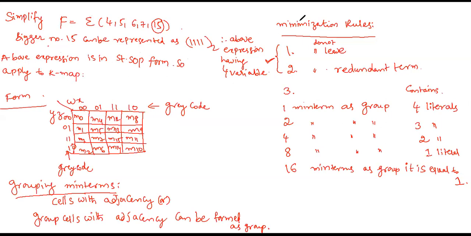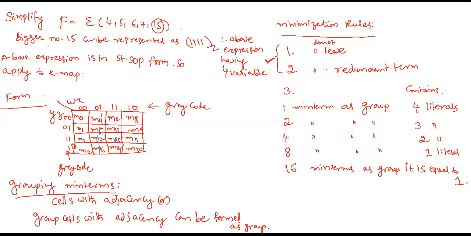For applying the K map, wherever the minterms are present, keep those boxes 1. M4 1, M5 1, M7, M6, M15 1. Okay. Now grouping minterms.